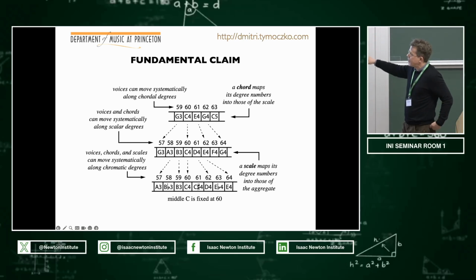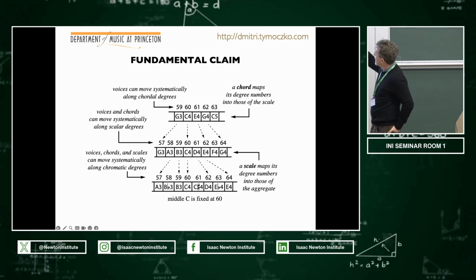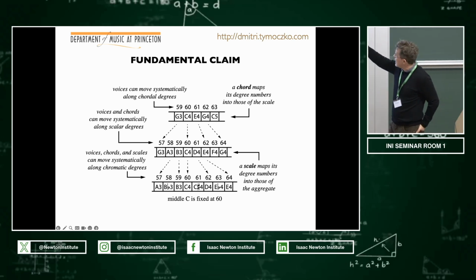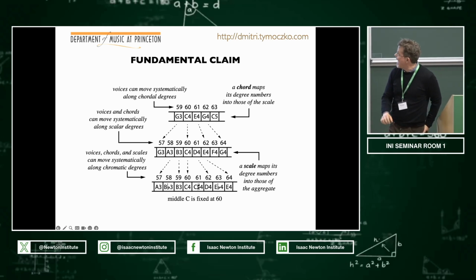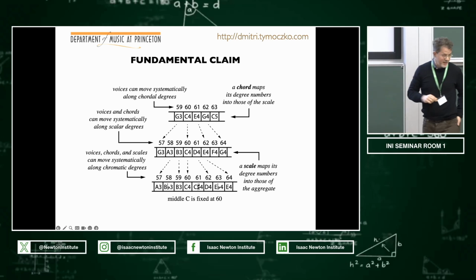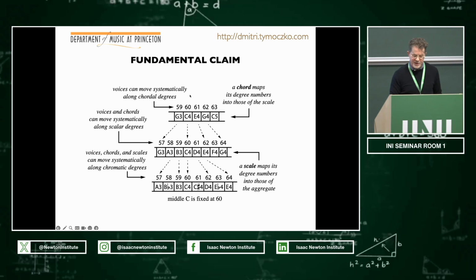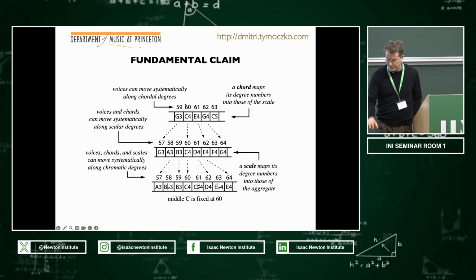So this is a picture from my new book. And at the top level is kind of the highest level alphabet. This is the level of the chord. And basically what happens is that musicians make patterns, in this case, patterns that can be expressed with these numbers up here, like +1, -1, +2, -1.